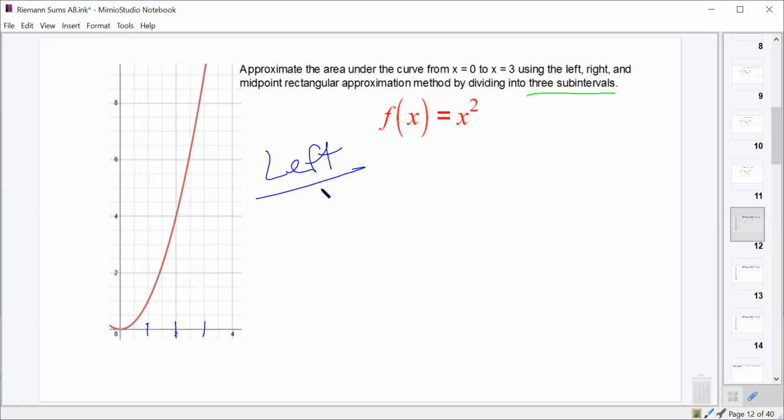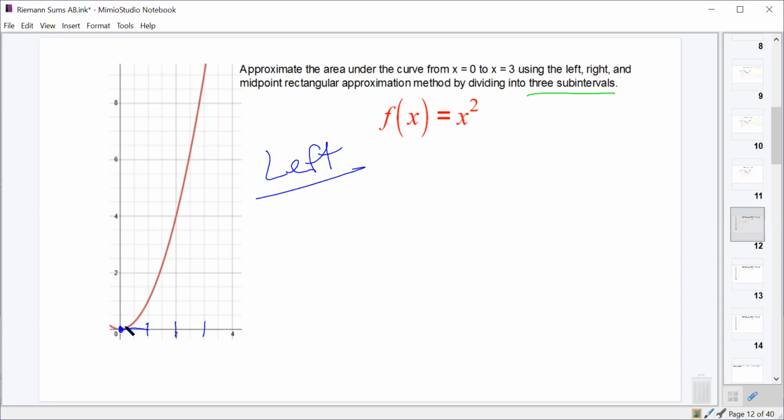If I'm going to do a left rectangular approximation, I need to start at the leftmost endpoint of my interval, which is 0. And at 0, I go to the height of my function, which is 0. And I draw a line straight across and drop back down to the x-axis.